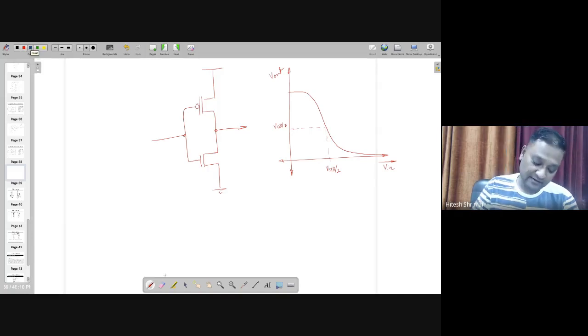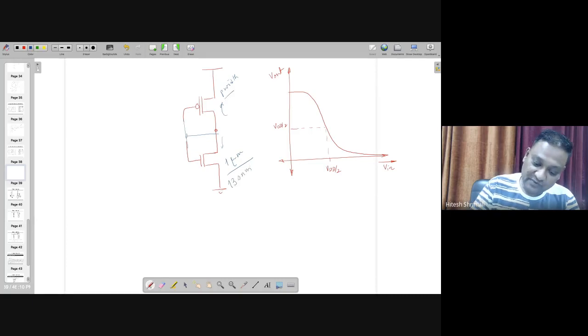In that case, I need to find out that the resistance looking in the upside and downside are both equal. For that, I did a small experiment. I ran the parametric and found out at what value of P width, for the fixed value of 1 micrometer by 130 nanometer for N, we get VDD by 2.